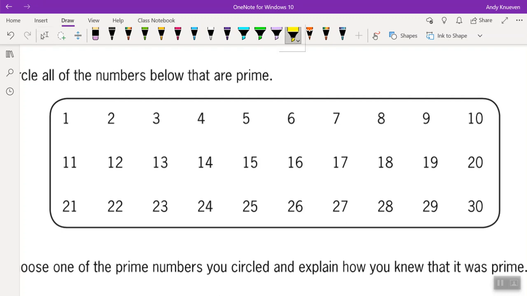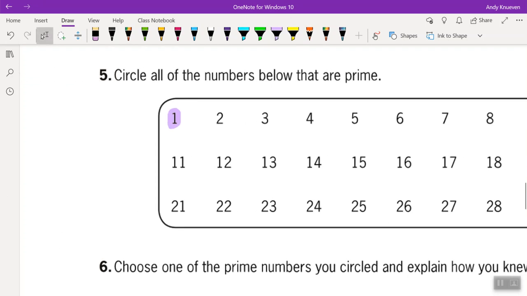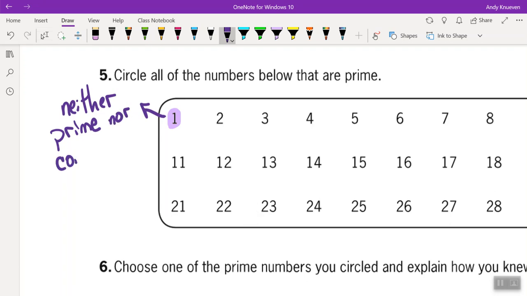Looking at this, well, 1 is a unique number because it is neither prime nor composite, because I can't multiply 1 by anything to get to 1. And for a number to be prime, it has to be 1 and itself. Well, 1 is itself, so it's neither prime nor composite.